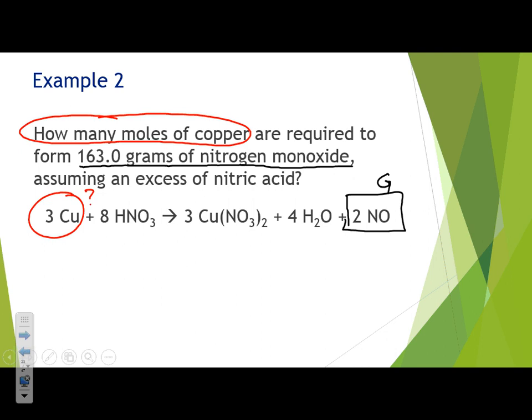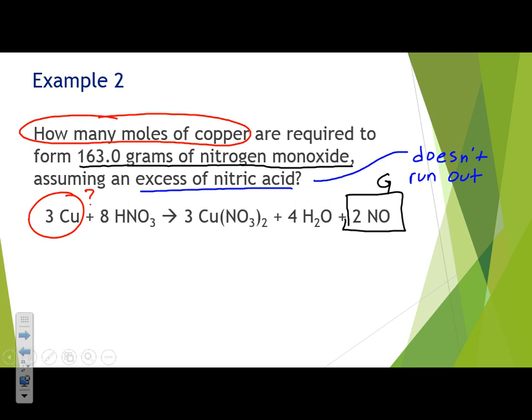On the other hand, the copper, that's here on our reactant. This is our unknown. Now something here, when it says an excess of nitric acid, all that means is that it doesn't run out. So we're going to go over here and say doesn't run out. So let's go ahead and solve our problem now.